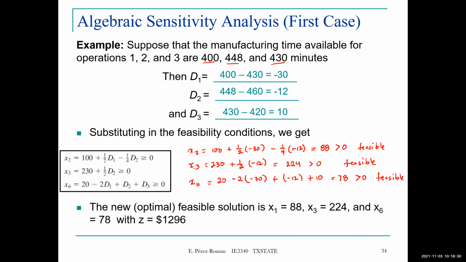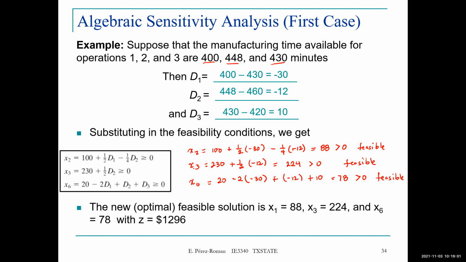Same thing for D2. You decrease that by minus 12, and you know that the dual price for the second operation was 2. So this is going to be 2 times minus 12, which is 24. If you subtract 54 from 1,350, this is the solution.